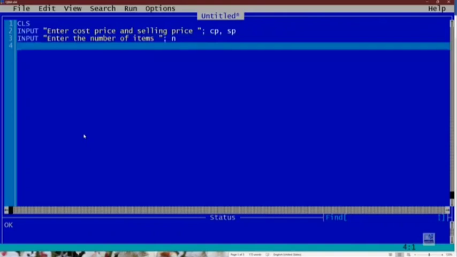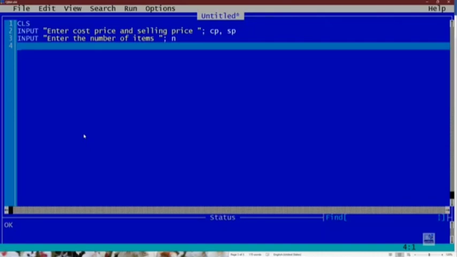Also note that I have used two input statements. It is not required. You can take input in one line only. Means you can write input, enter cost price, comma selling price and number of items, so CP, SP, N. But I have used two input statements. That's just my choice.